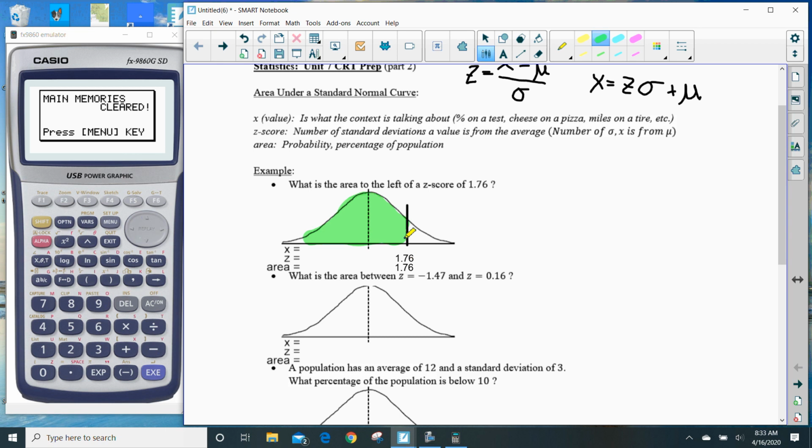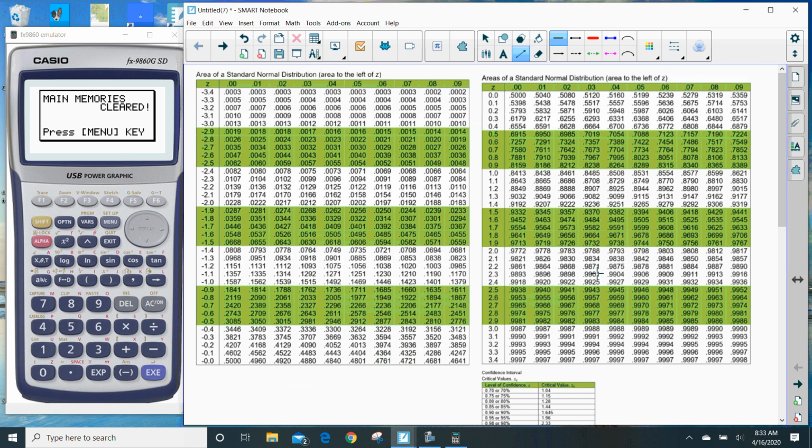So we have a z-score of 1.76, and we need to look that up on a z-table. I have one ready to go right here. Again, this is the z-table. I look at 1.7, which is this line right here, and then 1.76. That intersects at .9608, and that is the area to the left.